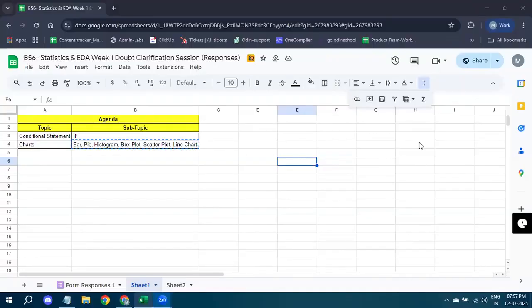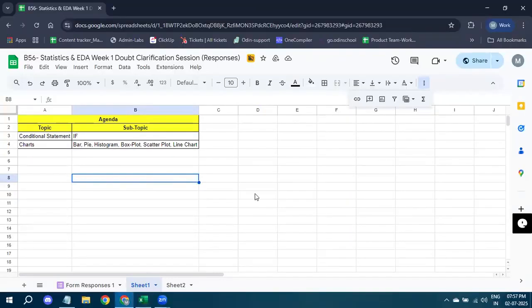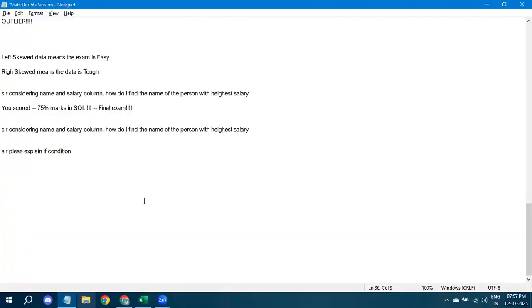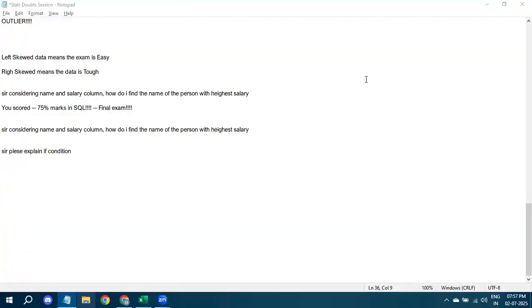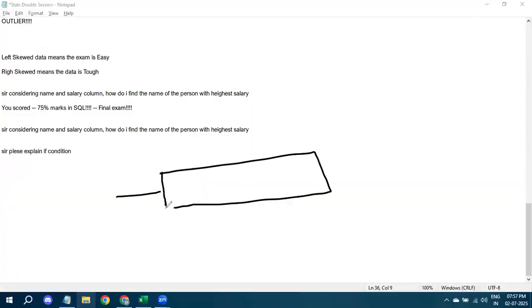Sir, in a box plot, how to draw the whisker? I have the minimum, Q1, median, Q3 and maximum value here, but how to draw a whisker and check the outliers? See, this entire line is nothing but a whisker.